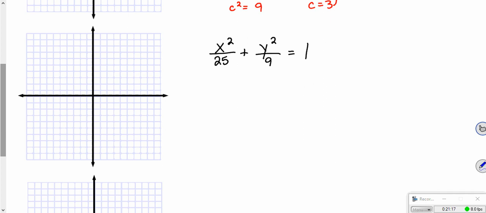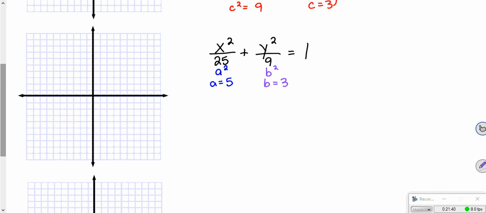Right off the bat, this, because it's the bigger of the two, has to be my a squared. This has to be my b squared. a squared has to be greater than b squared. So this tells me then that a is 5 and b is going to be 3.